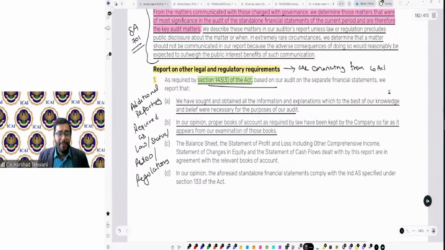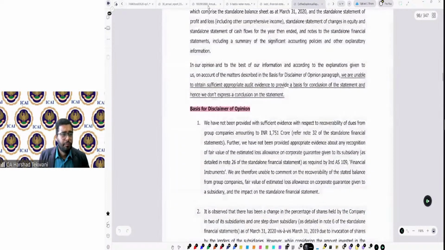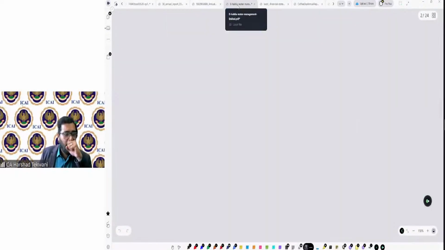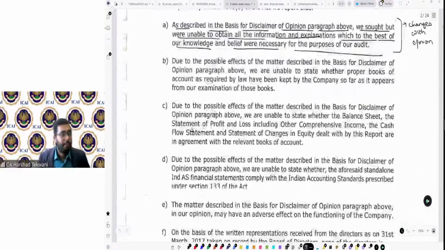Now, one example we will see with respect to disclaimer of opinion, how this changes when it comes to disclaimer of opinion. See, this is the disclaimer of opinion.